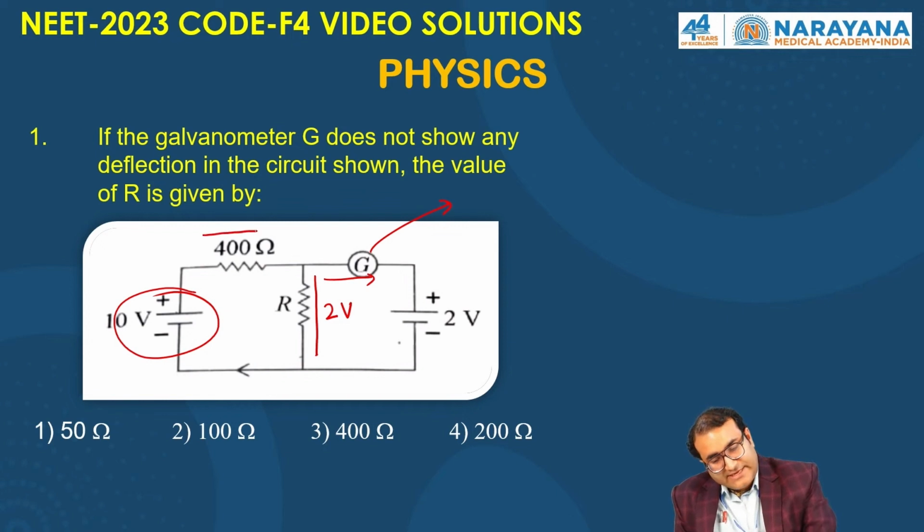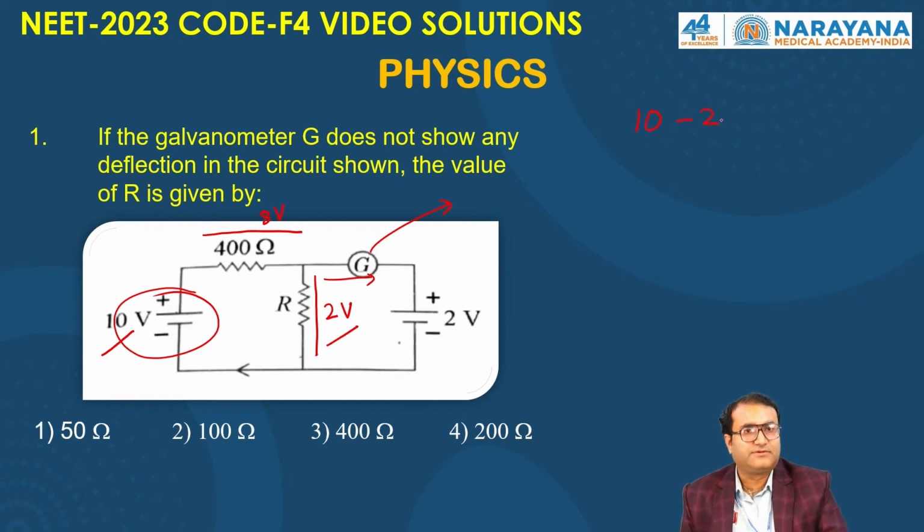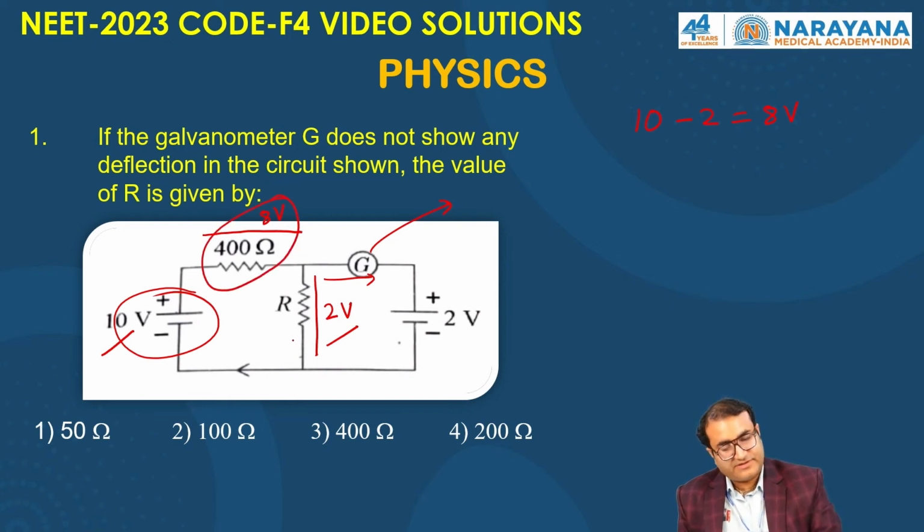Now this is 8 volt because 10 minus 2 is 8. So we can easily find the current through it. The same amount of current is passing through this. So current is how much? V by R, that is 8 by 400.